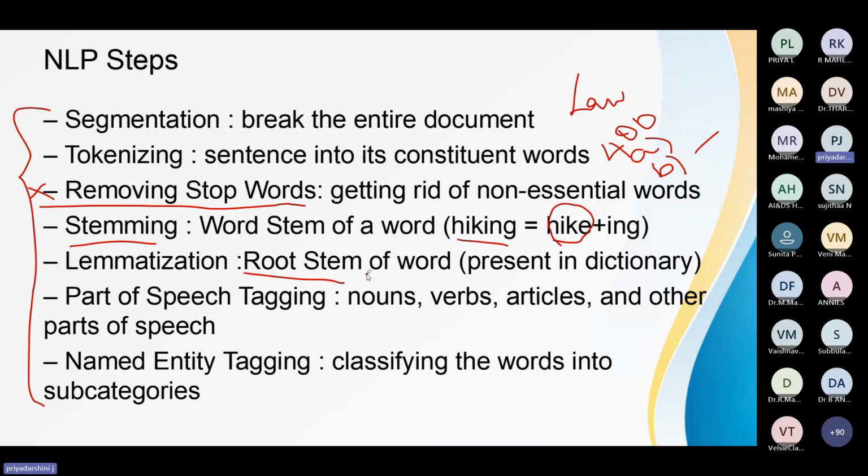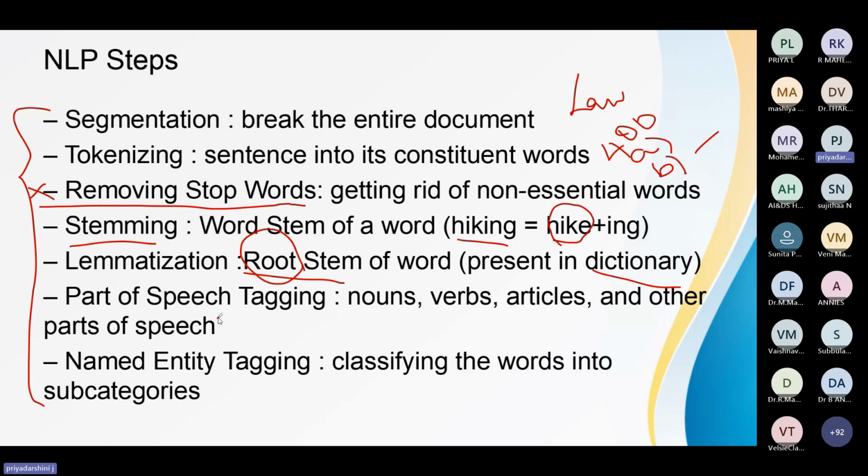So what is the word that is present in the dictionary? Why did I use IDK? Because IDK is the one which we most frequently use. BTW, by the way, is becoming less common. So the root is the one which occurs most frequently.